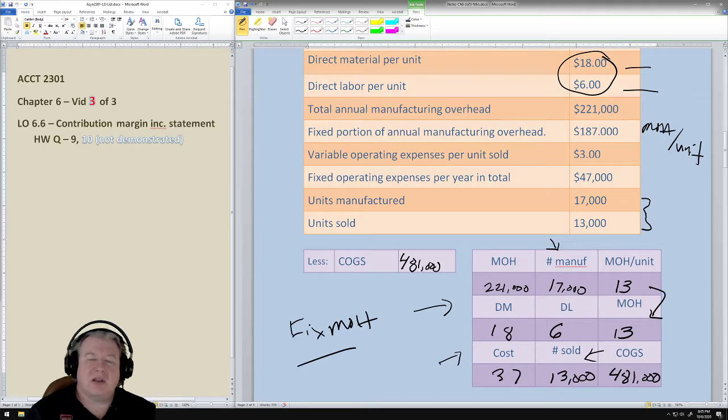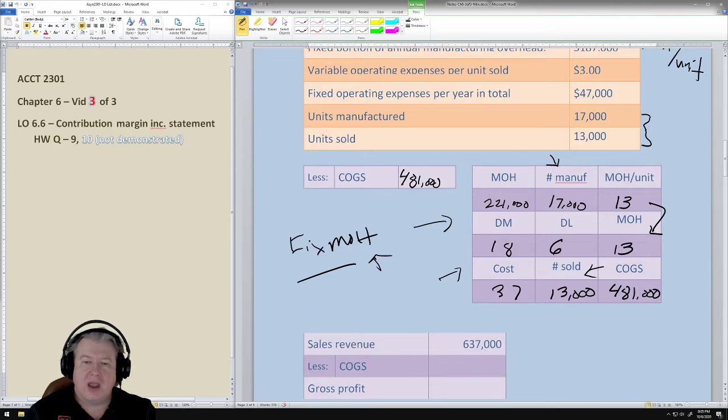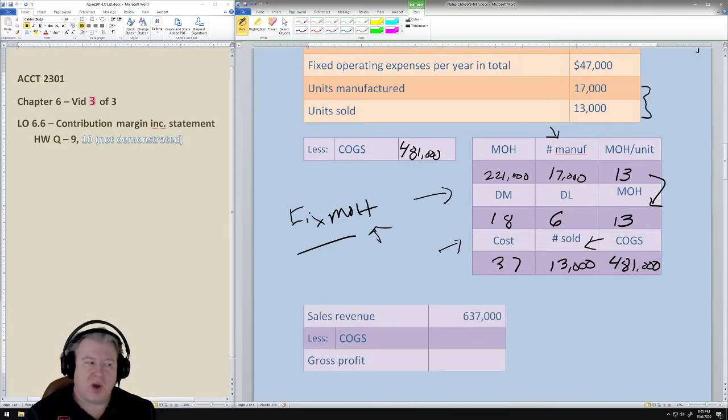So the difference between absorption and variable costing, yes, it is the fixed MOH, but it's also a timing difference. There will be a slight difference between the amounts, and it's because of how many units you apply to the fixed MOH in which period. Ultimately, when you add it up at the end of the year, it'll all be the same over a period of time. So we're going to pull that 481 down.